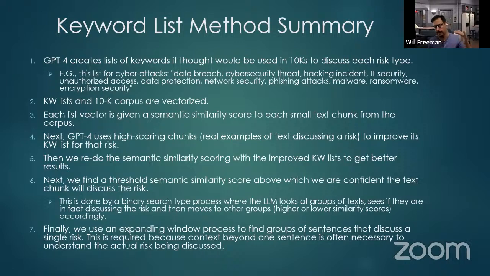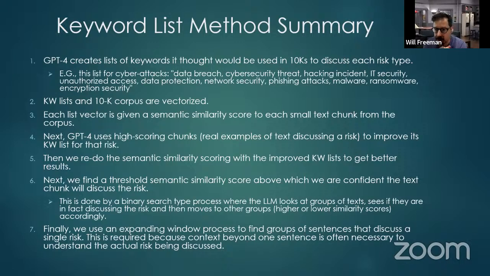So I took this Cambridge risk taxonomy of 200 risks or so, and I said, hey, GPT-4, take this particular risk and give me back a list of terms that you think would be used in a 10K in text discussing this risk. So if the risk was cybersecurity, it would give me words like spyware or malware or security breach or data breach, that sort of thing.